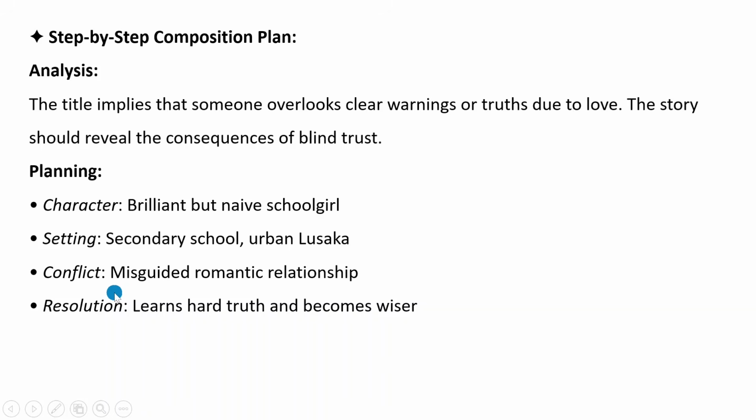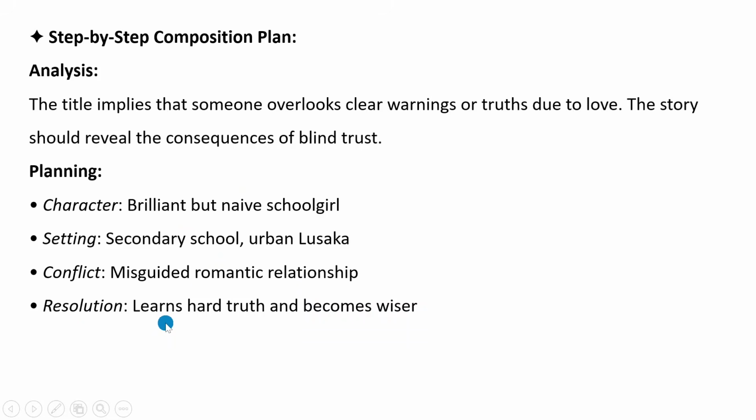What was the main problem in that story, the situation which made the character realize that love is blind? This is a misguided romantic relationship. So she was in a relationship without understanding. So you put these as the points which you are now going to expand. Now, resolution.